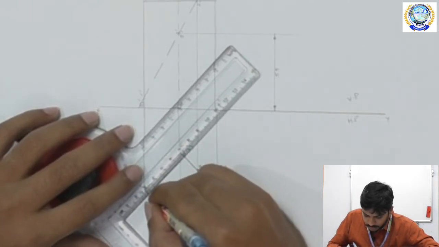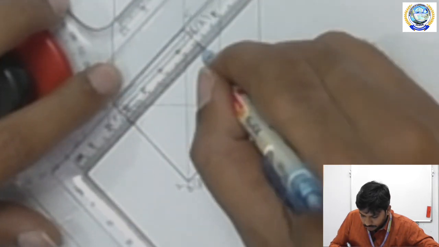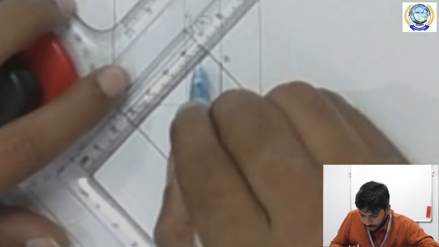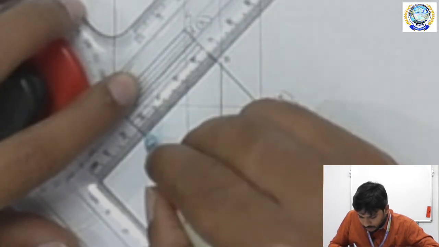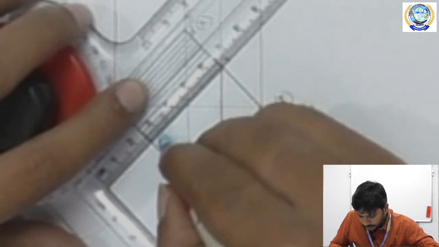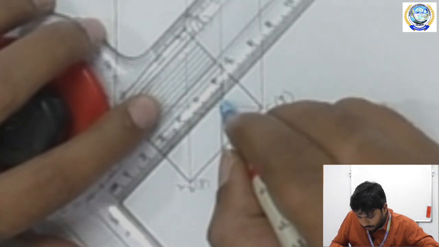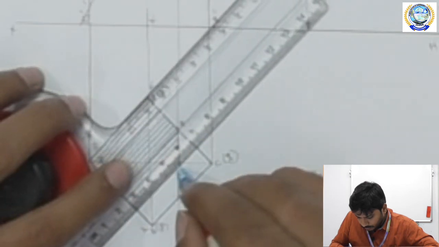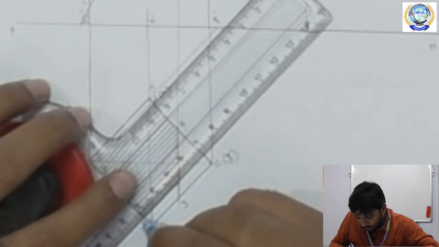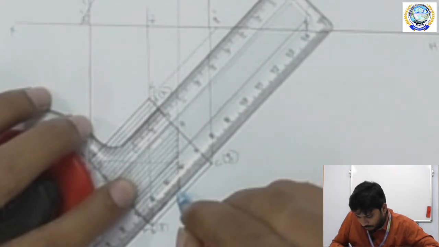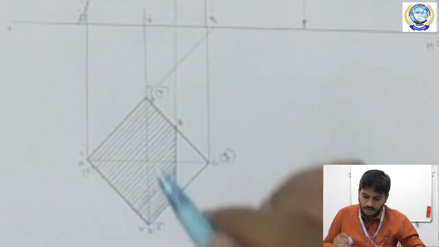We have to maintain a distance of minimum 2 to 3 mm, equal distance, between the hatching lines. This is the final sectional top view.